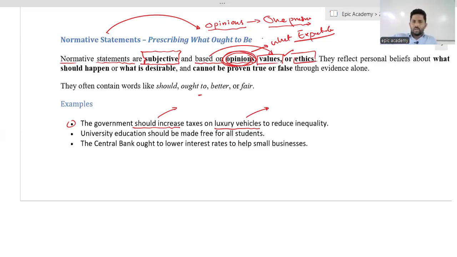because this normative statement reflects or represents personal beliefs, not the practical situation. So now you have to identify personal beliefs as away from the practical situations. What you expect from the society, what you reflect from personal beliefs in the society, is away from the practical situation.